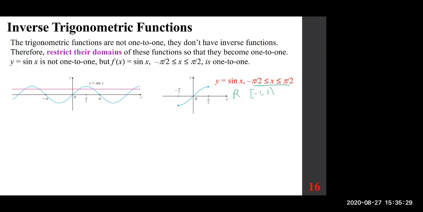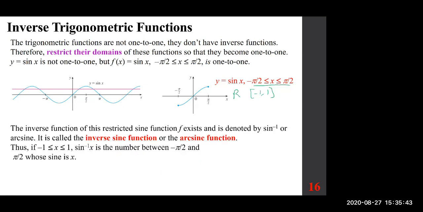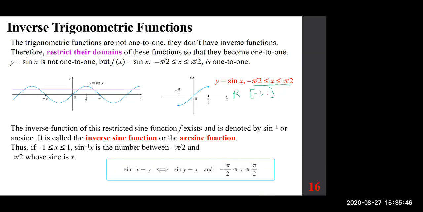Negative 1 to 1, for a sine function. And so what happens for the inverse function? The range becomes the domain of sine inverse, and the domain becomes the range. Okay? So we are looking at the inverse function.